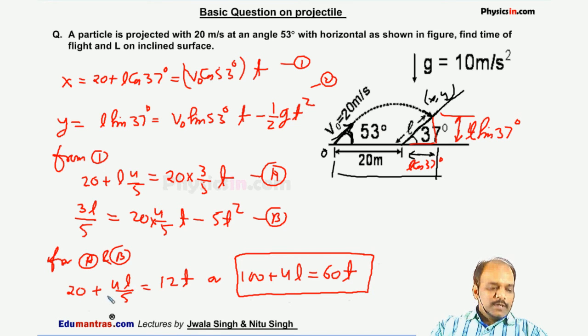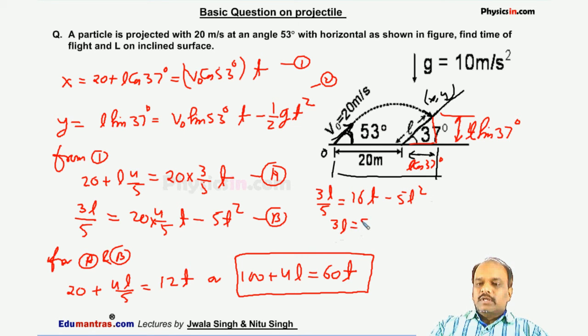Similarly, from expression B, we can say 3L by 5 is equal to 16t minus 5t square, or 3L is equal to 80t minus 25t square. This is our expression.